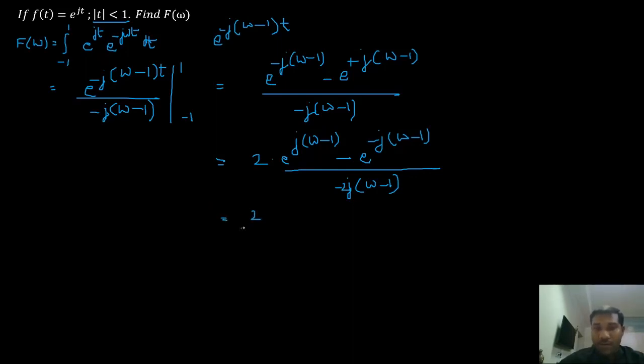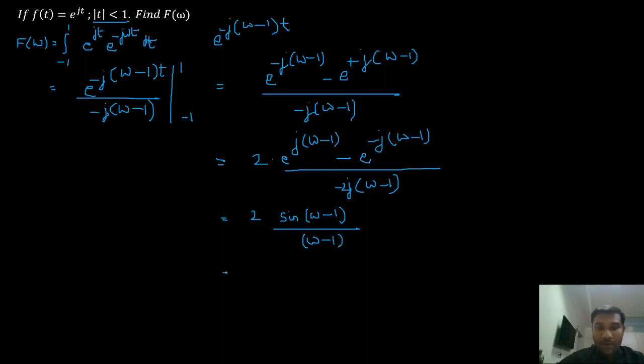This is 2 into e power j theta minus e power minus j theta divided by 2j, which is nothing but sine of omega minus 1, divided by omega minus 1.